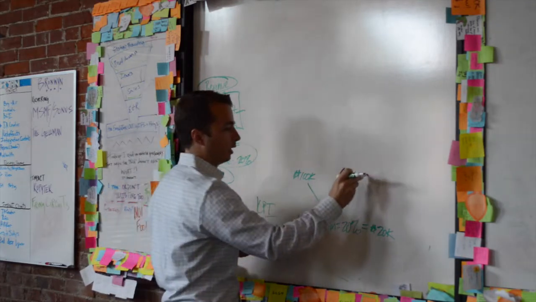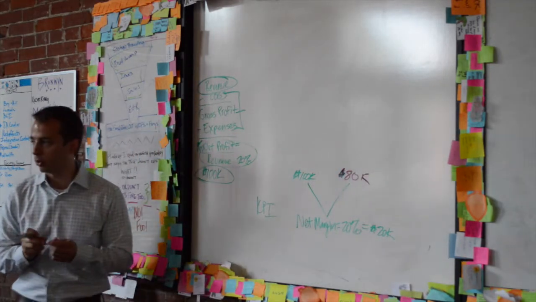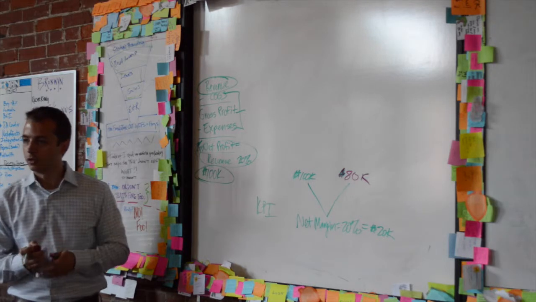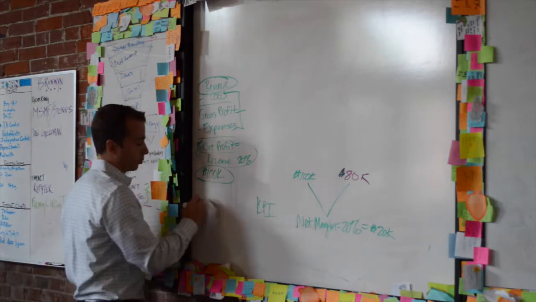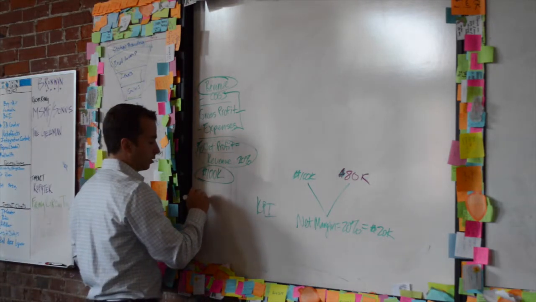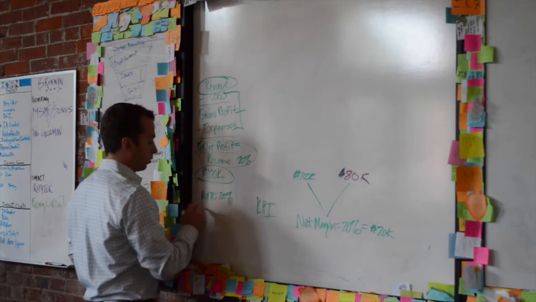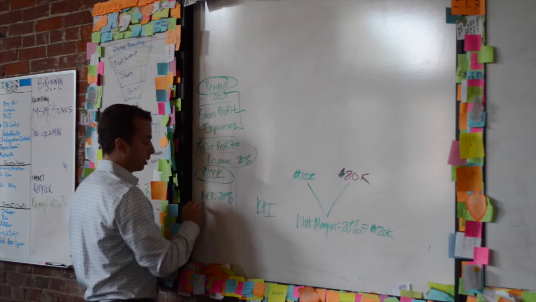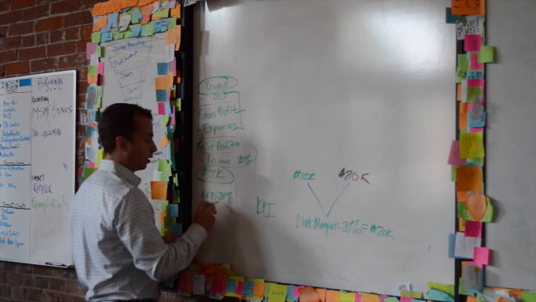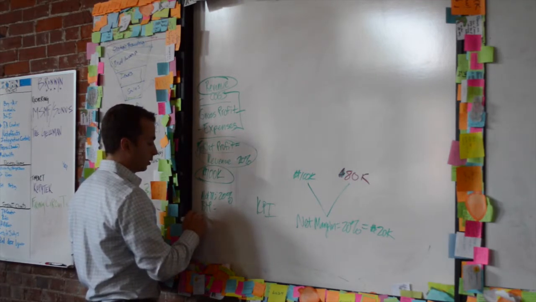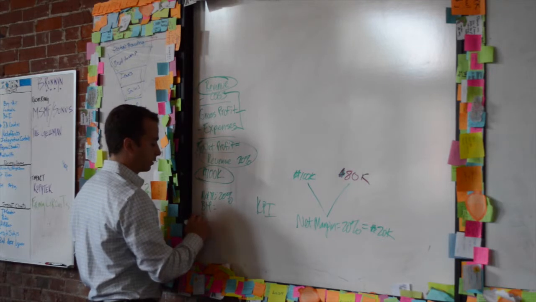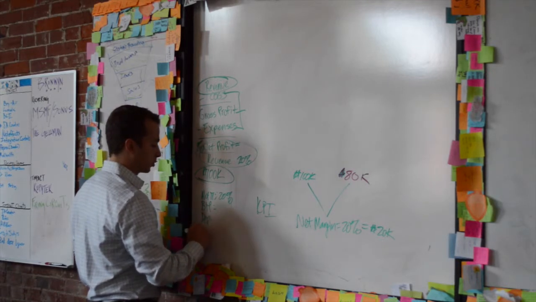So how do we drive those numbers? So think about the KPIs we talked about. We talked about net margin of 20%. We talked about billable hours. We talked about deposits. We talked about net promoter score.